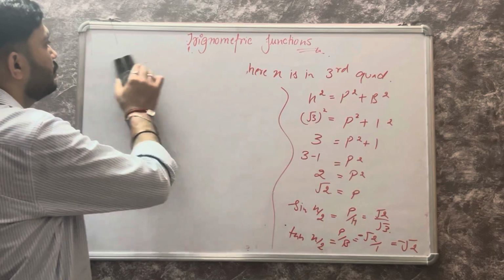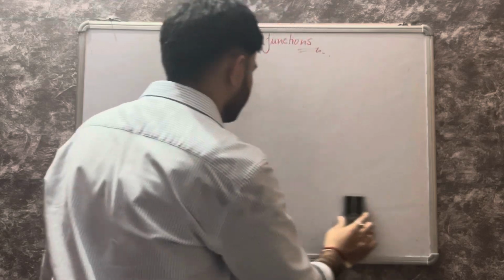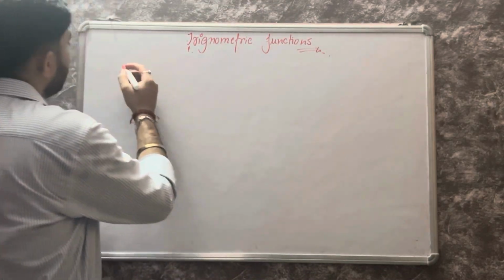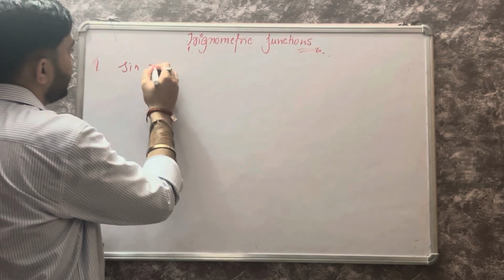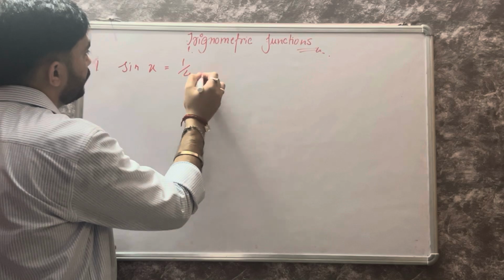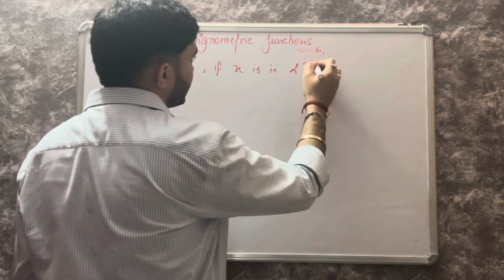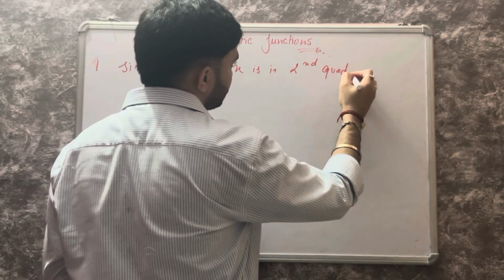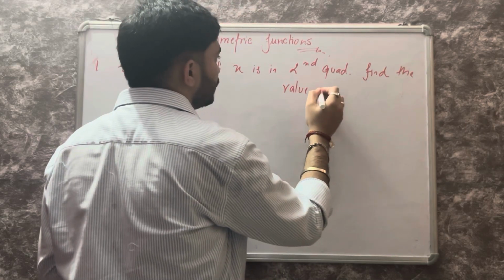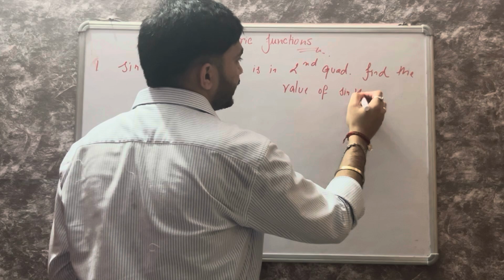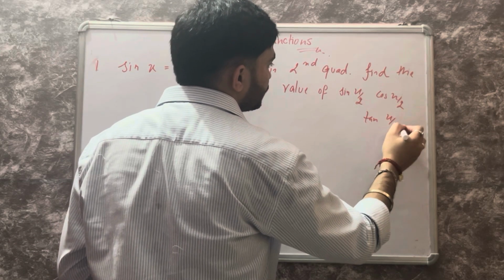Now I am going to give you 2 homework questions, and that's all for today's class. What will those questions be? Question number 1: sin x is equal to 1 by 4, if x is in second quadrant, find the value of sin x by 2, cos x by 2 and tan x by 2.